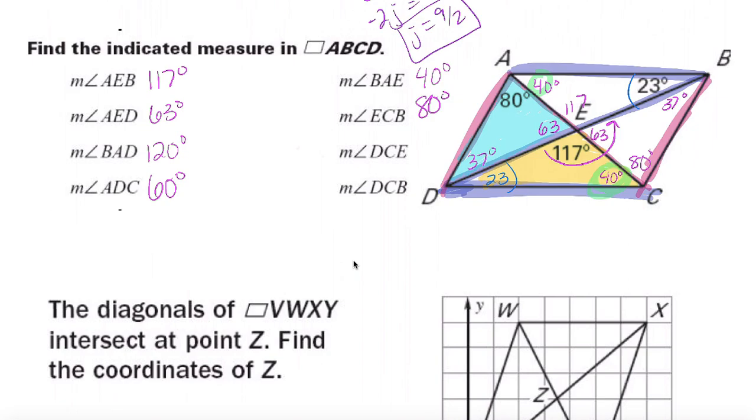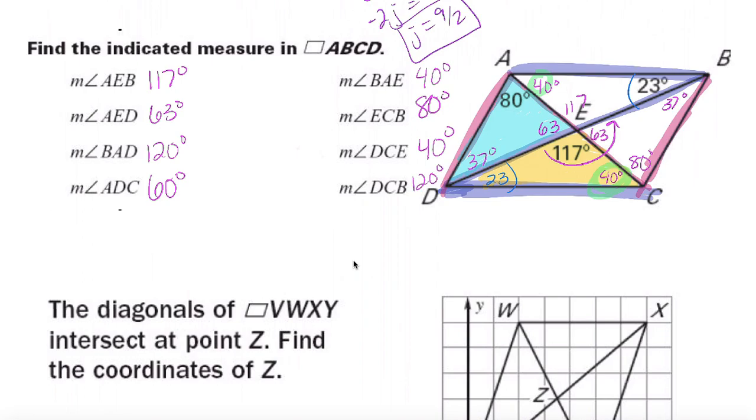DCE. Start at D, go to C, go to E. That outlines that 40-degree angle there in the bottom corner. DCB. D to C to B is these bottom two together. So that is 120 degrees.